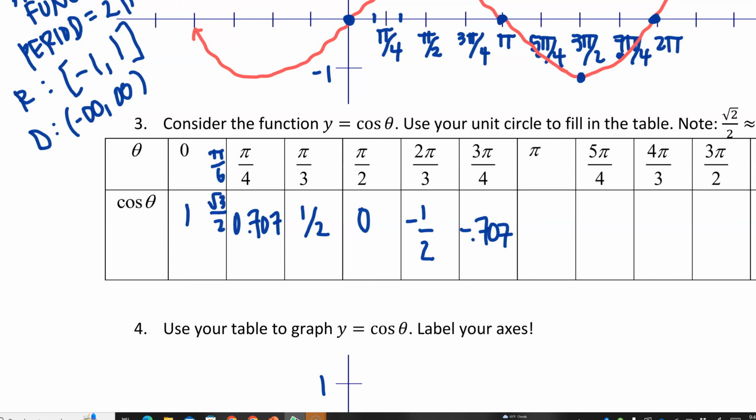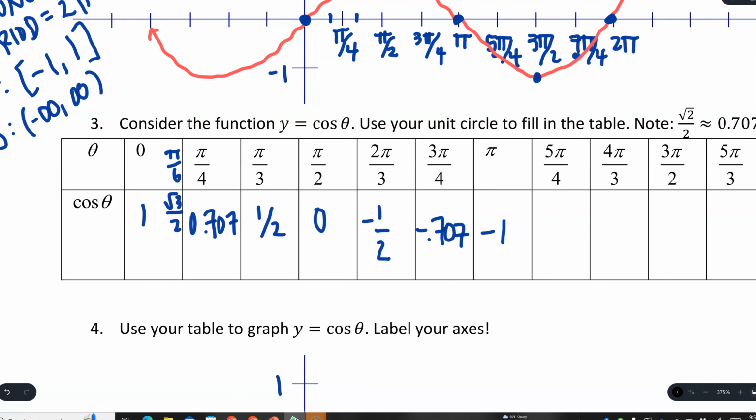Square root of 2 over 2, negative, right? What about cosine of pi? Negative 1. Okay. So I don't see right now any pattern like I did with sine. So all those are different values so far. All right. What about 5 pi over 4? So cosine of 5 pi over 4.